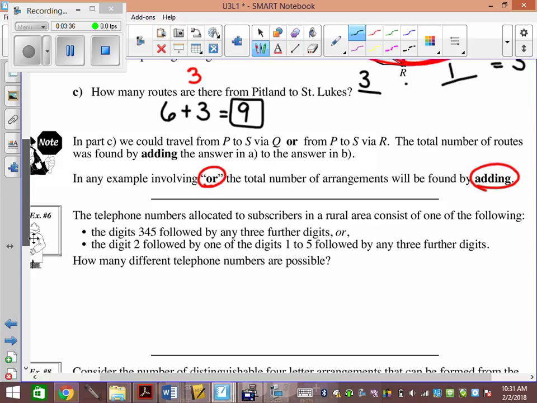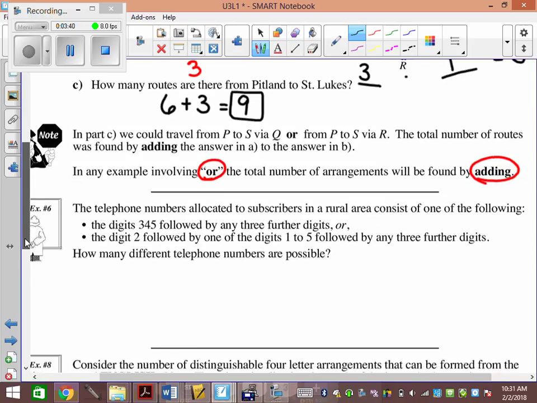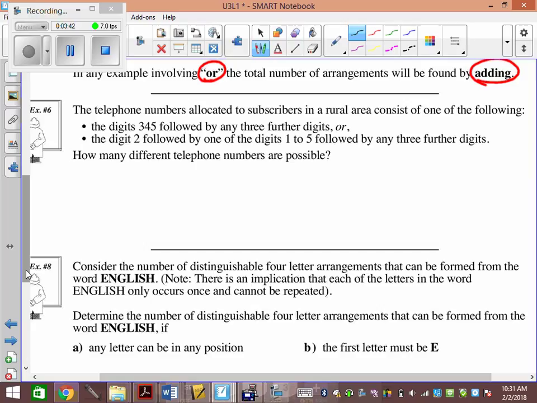So let's look at example 6. The telephone numbers allocated to subscribers in a rural area consist of one of the following. The digits 3, 4, 5.